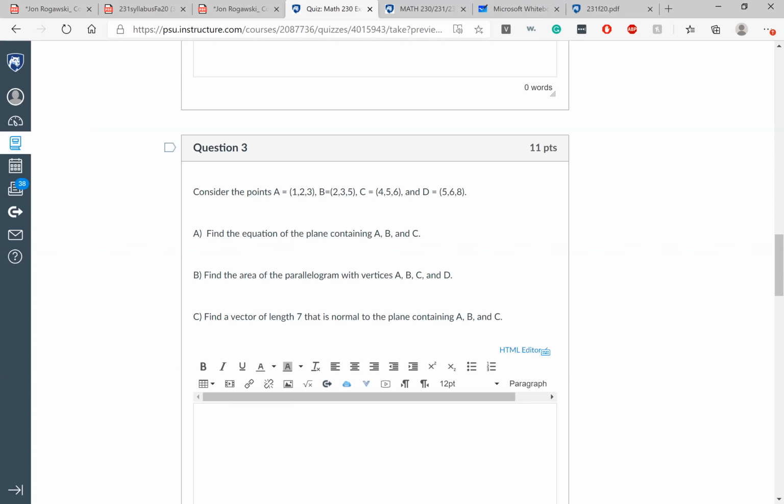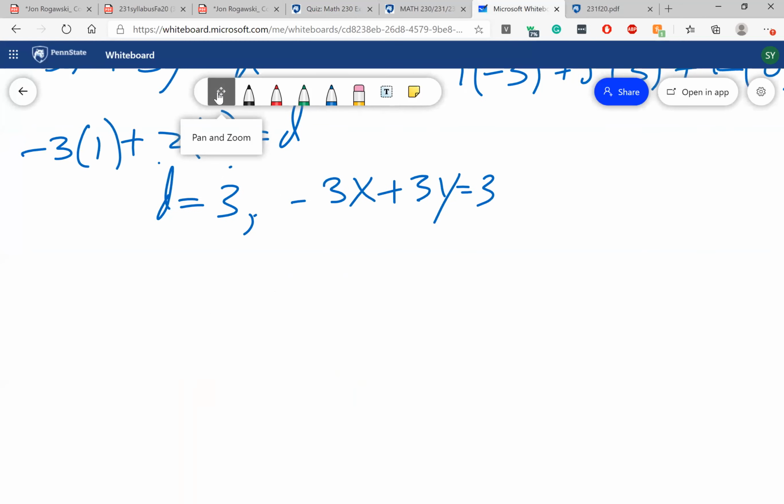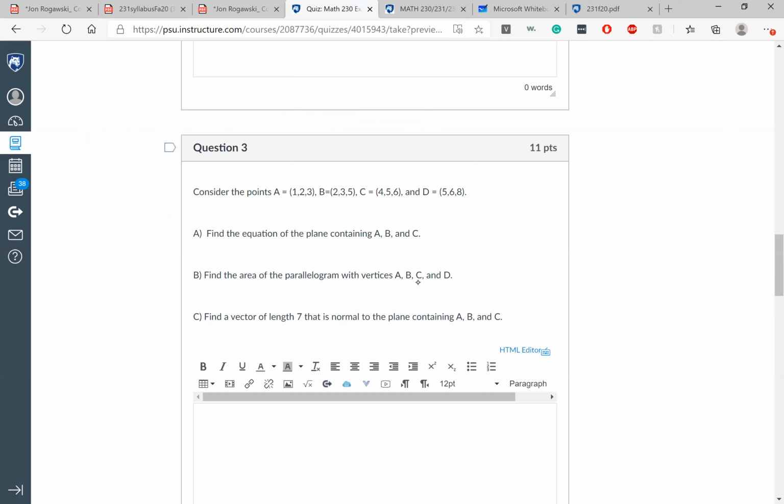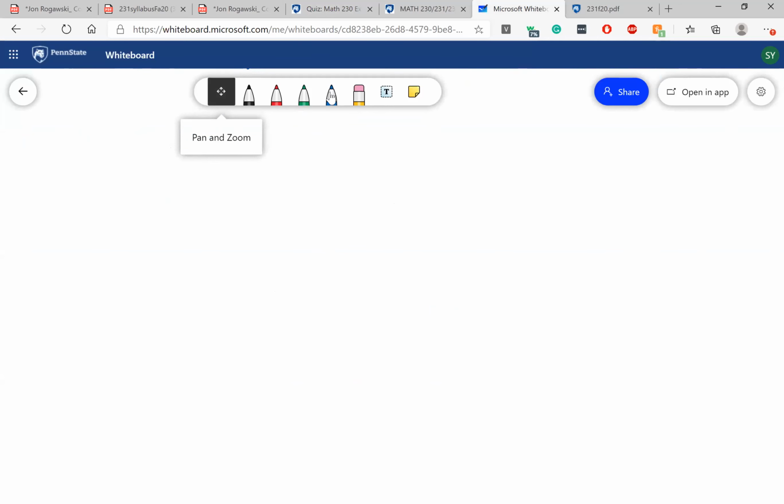So the real question is D, and he says it's a parallelogram, so if we're assuming that, okay, fine. Here's your A and B, C and D.